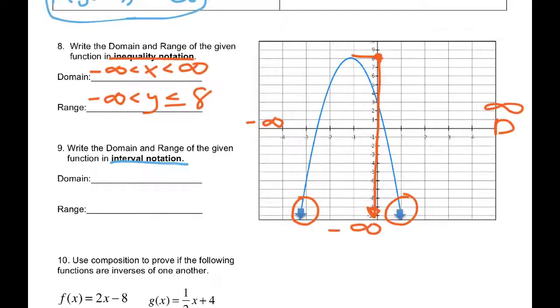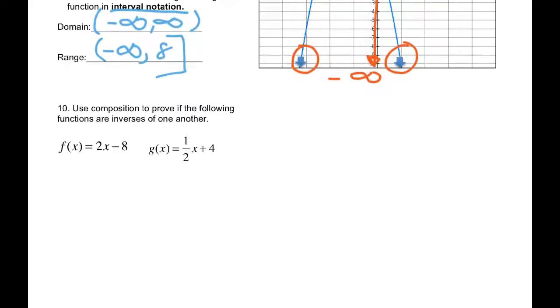All right, and then the one below it, now we're going to do the same thing, but in interval notation. So we still have negative infinity to positive infinity, and remember not included is parentheses, and for the range, negative infinity, comma 8, parenthesis, but this time the 8 is a bracket, saying that it was a closed point.